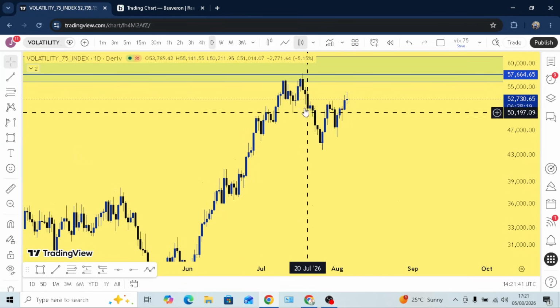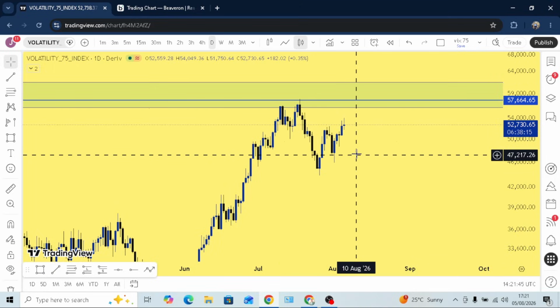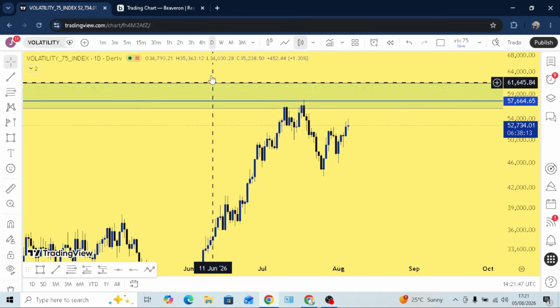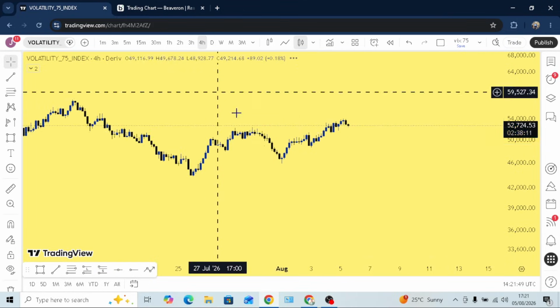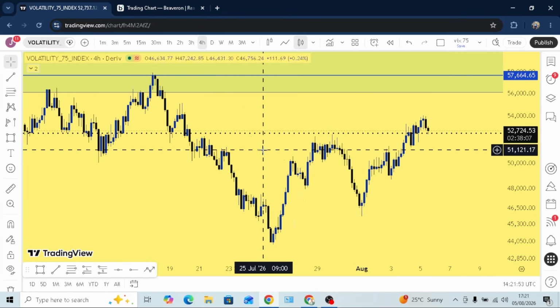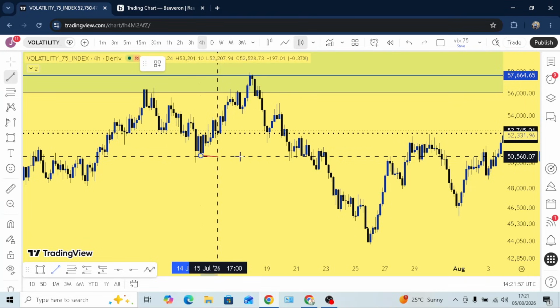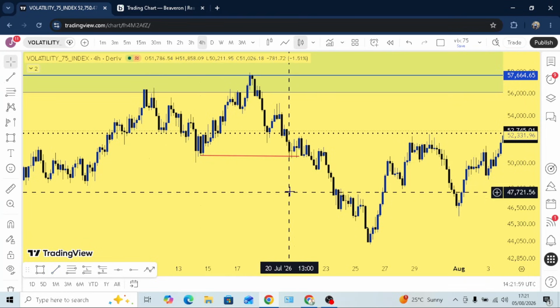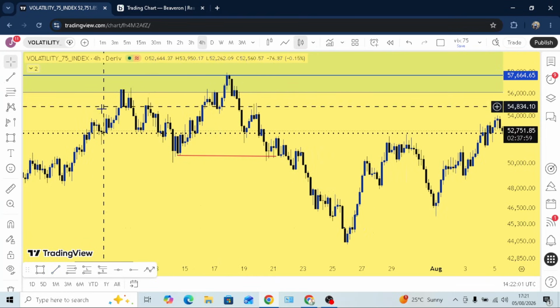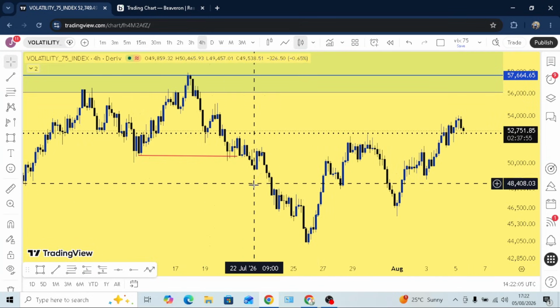Okay, now the daily has aligned with the weekly time frame, and with that said, let's proceed to the 4-hour time frame. On the 4-hour time frame, this is where we got that change of character on the daily. Okay, so we were making higher highs until we broke this low and became bearish.